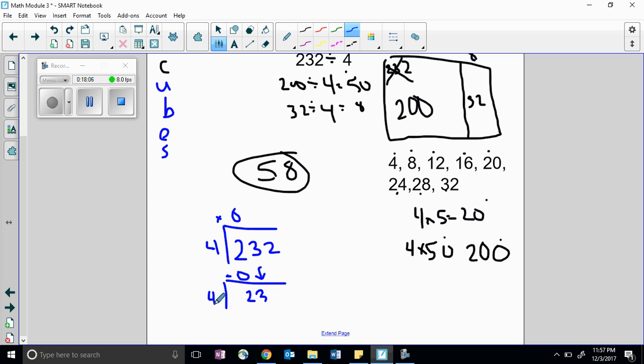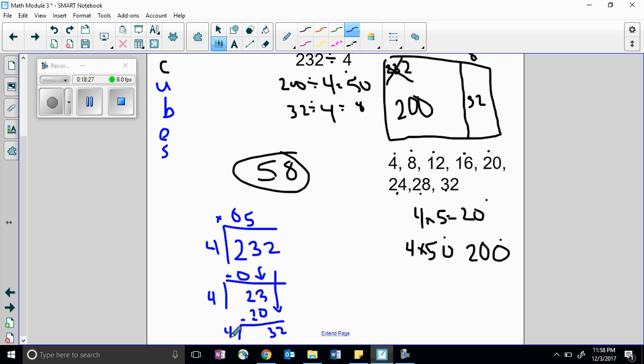Alrighty, alright. So, 4, 8, 12, 16, 20. Well, that leaves me with 5 because it would go over otherwise. 4 times 5 is 20. Gotta subtract. Gives me 3. Bring it on down. And bring it on back.